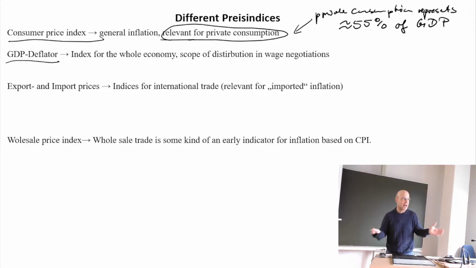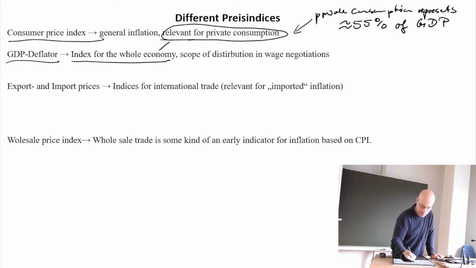So it is the largest component, but it does not represent the total economy. While the GDP deflator is the index of the whole economy, and this you of course should keep in mind.